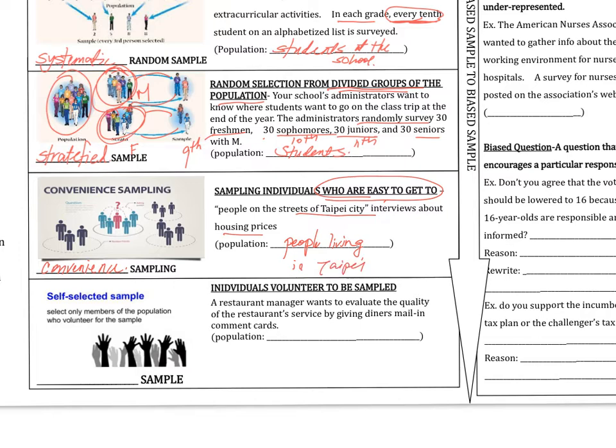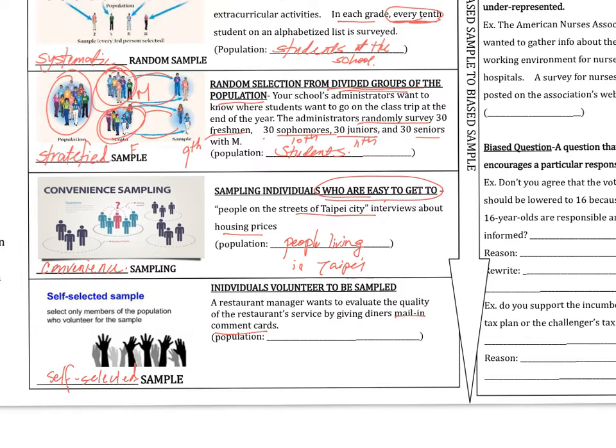And the last one here is self-selected sampling. I'll just practice writing this one time even though I have it printed for you. It just means individuals volunteer to be sampled. So for example, a restaurant manager wants to evaluate the quality of the restaurant's service by giving diners mail-in comment cards, then the people who receive these comment cards have the option of filling it out, whether they want to or not, and mail it back in.